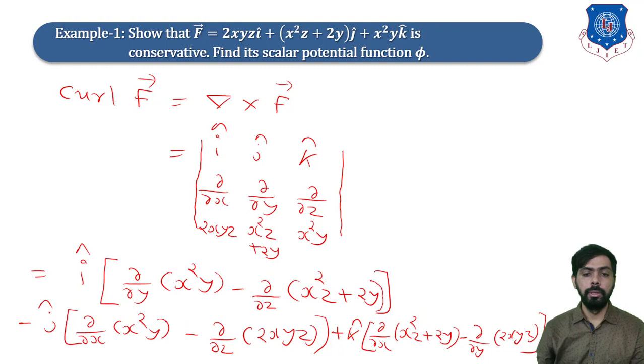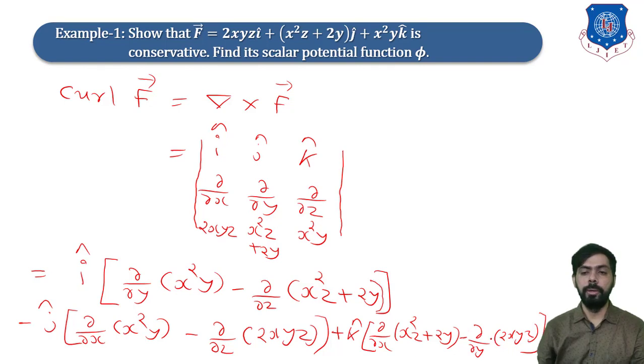Then the partial differentiation of x square y with respect to x will be 2xy, because the partial derivative of x square is 2x and y stays as it is. The partial differentiation of 2xyz with respect to z will be 2xy because the derivative of z with respect to z is 1. The partial differentiation of x square z plus 2y with respect to x will be 2xz, because the derivative of x square is 2x and the derivative of 2y is 0 since y is constant.